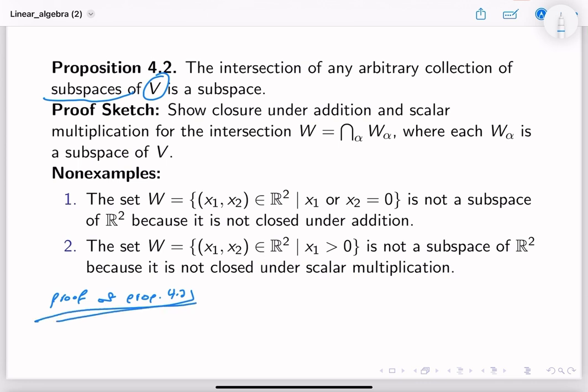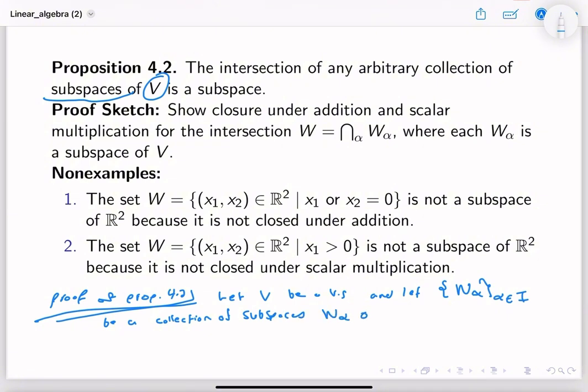Okay. So what the proposition is saying again: let V be a vector space, and let omega sub alpha, as alpha runs over some indexing set I, be a collection of subspaces omega alpha of V. So omega alpha are all subspaces.